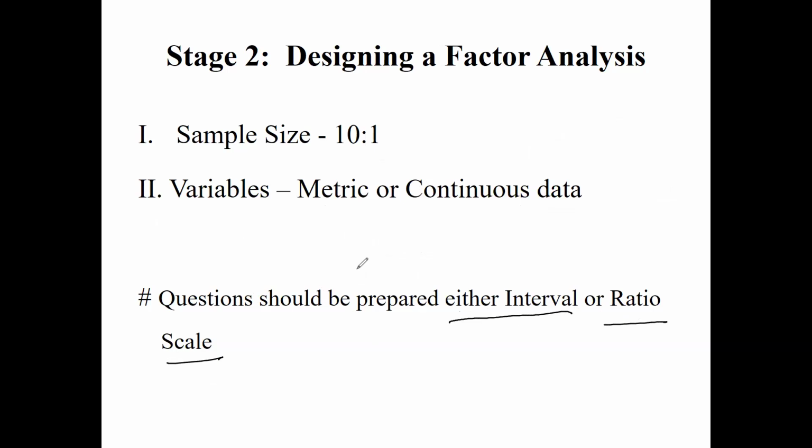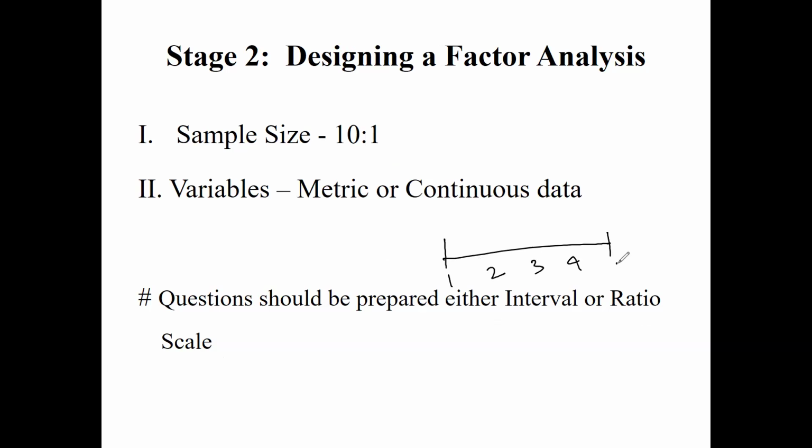If we are preparing questions as multiple choice questions or like male, female, yes, no type questions, we cannot apply it. We can use a Likert scale, which is not purely interval, but a Likert scale is ordinal.